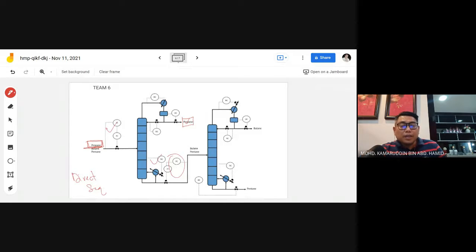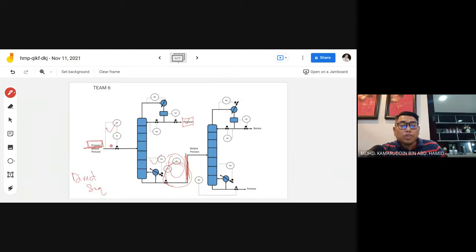Okay. And since this is continuous, controlling the flow at the second column will basically make the system not smooth. If this is your design, then the overall operation here will not be smooth, because this will cause your flow rate to be stuck here, since you have a specific flow rate over here.